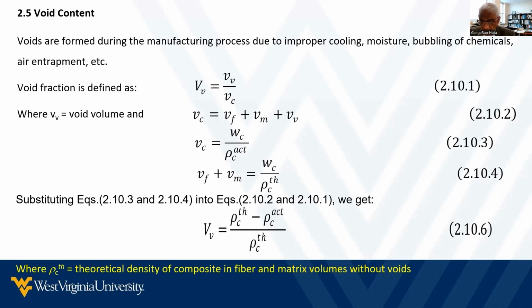And the volume fraction equations that I showed there, from 2.10.1 to 2.10.6. Finally, the final equation, very bottom of that, is the void volume fraction, where rho C theoretical is given there, minus the rho actual, divided by rho C theoretical gives you the volume fraction.